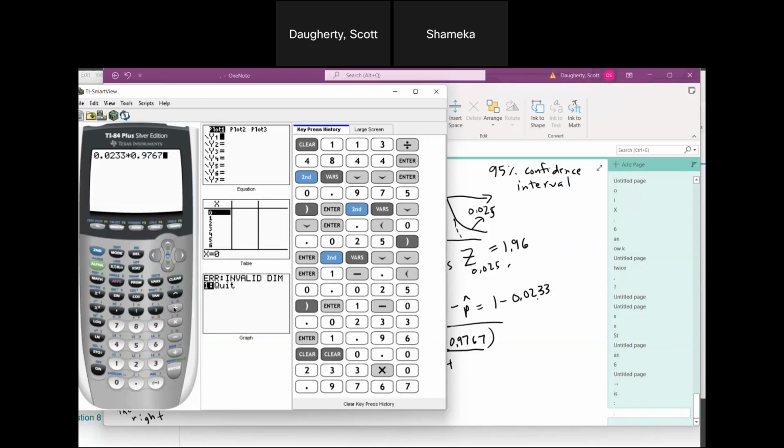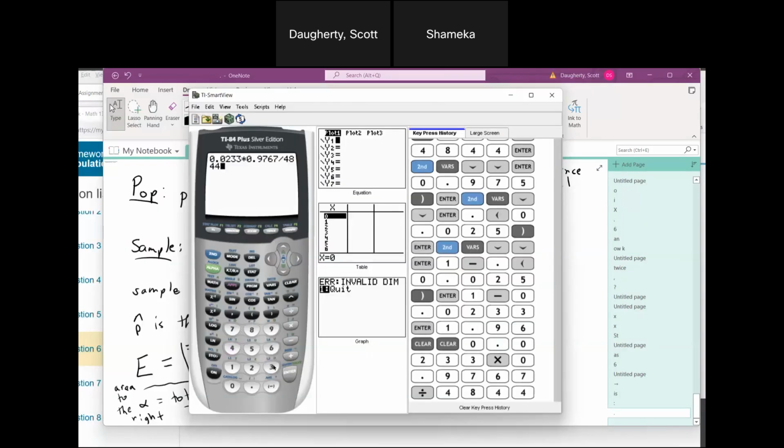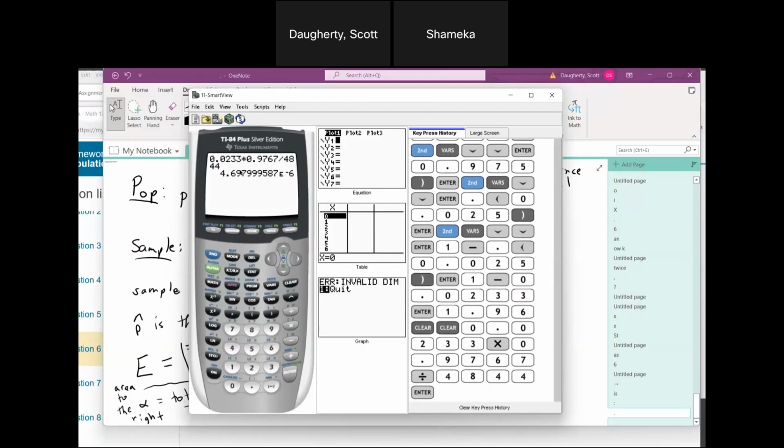Multiply those together, and then divide by the sample size, 4,844. And then you get this number, and notice it's got this e to the -6.